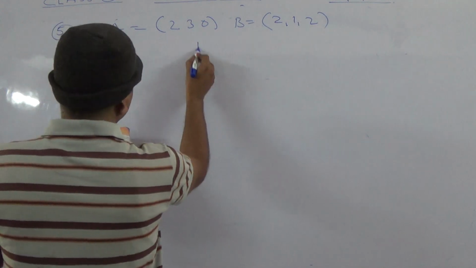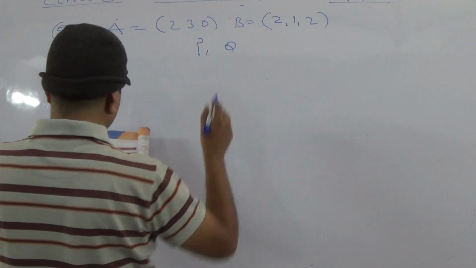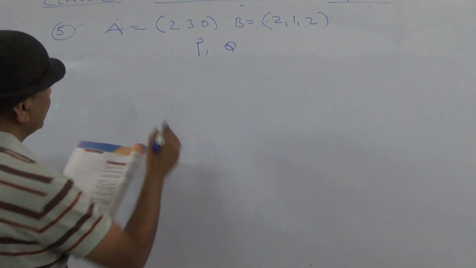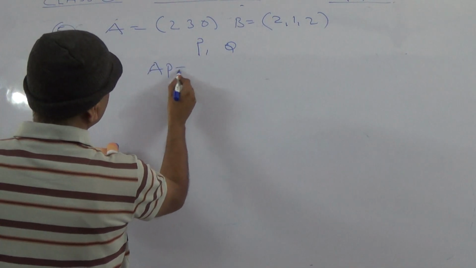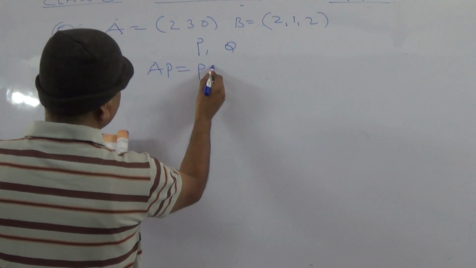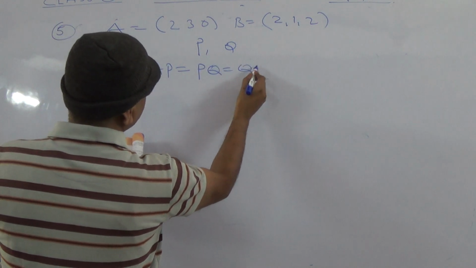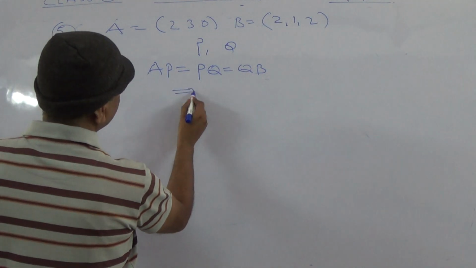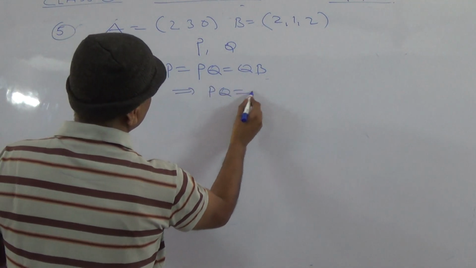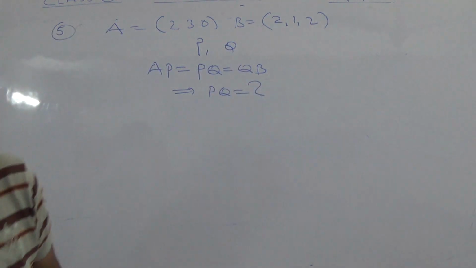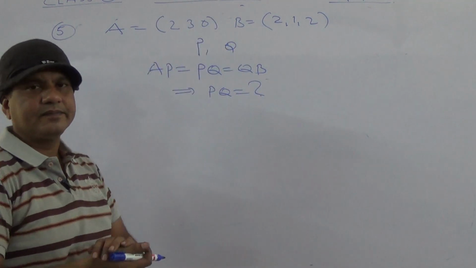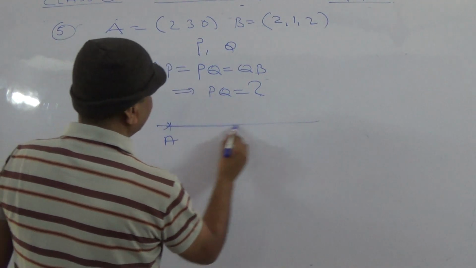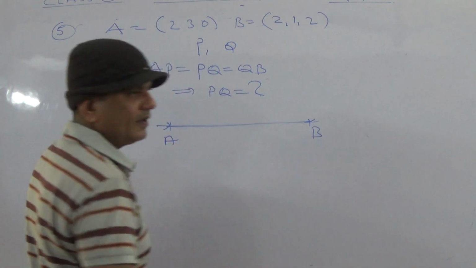If P and Q are 2 points on the line AB such that AP is equal to PQ is equal to QB, then what is the distance PQ? Here A and B are two given points. This is the line segment AB.